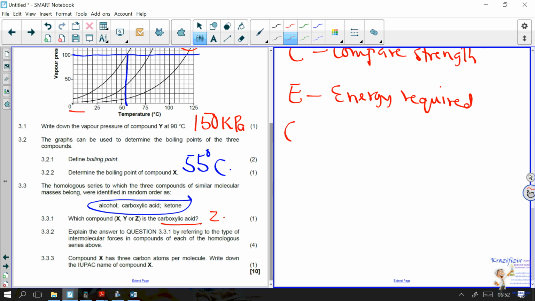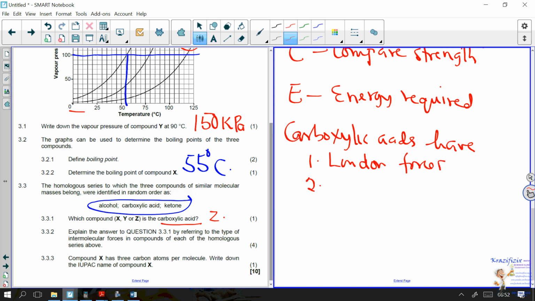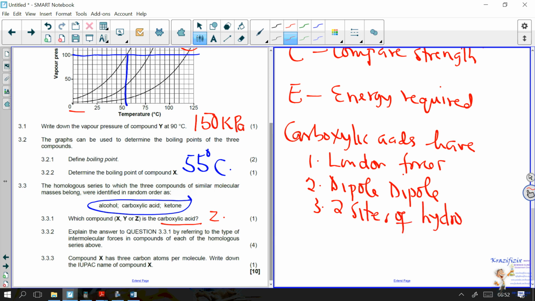So I would say that carboxylic acids have London forces, dipole, and, so I'm repeating what I just said, but you can answer your question like this. And 3, what does it have? It has 2 sites of hydrogen bond.